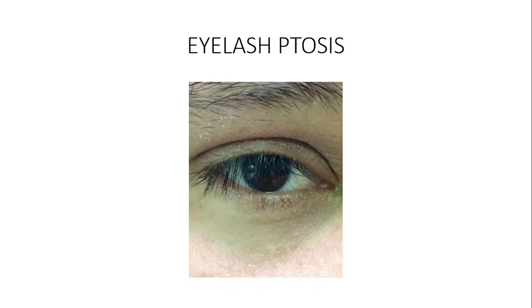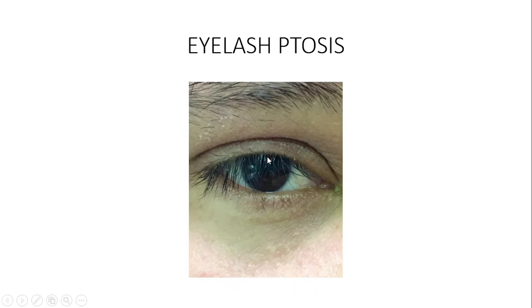So, in other words, eyelash ptosis means that the eyelashes have drooped more than they should. Look at this particular instance. Usually when you talk about eyelash ptosis, we refer to the upper eyelash.